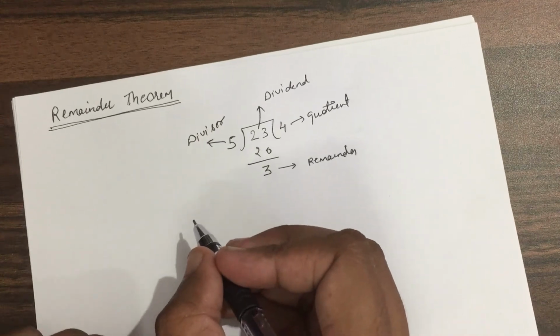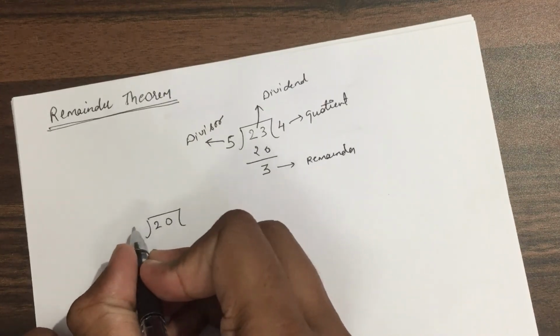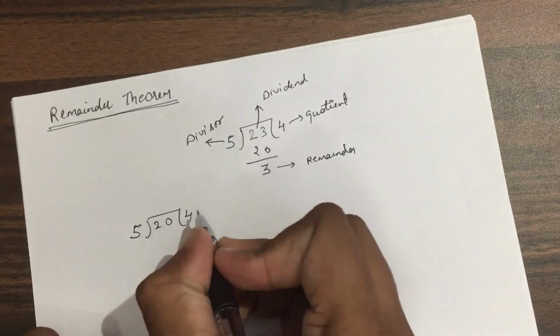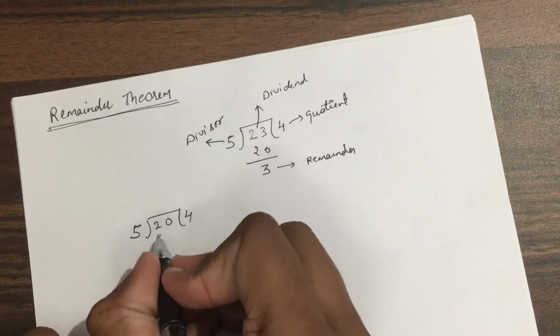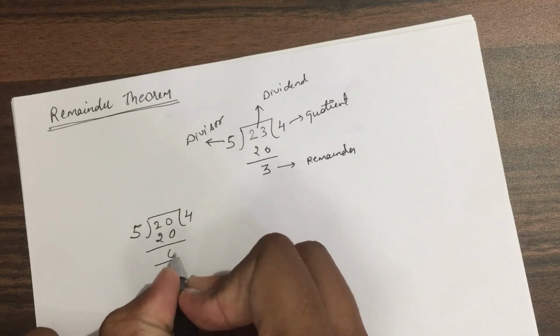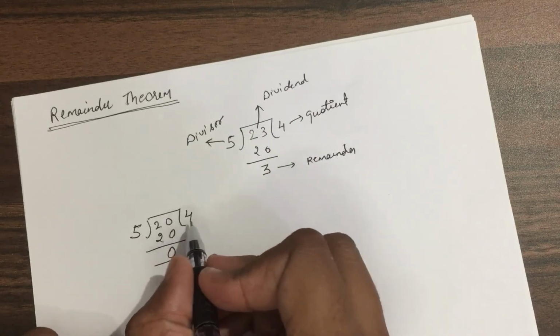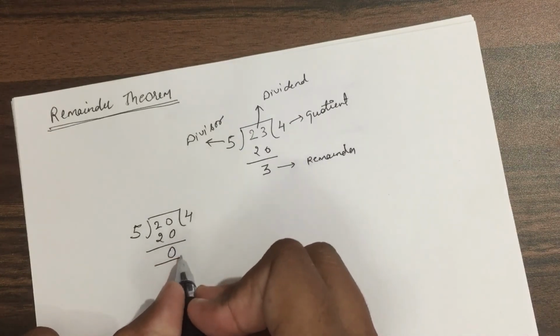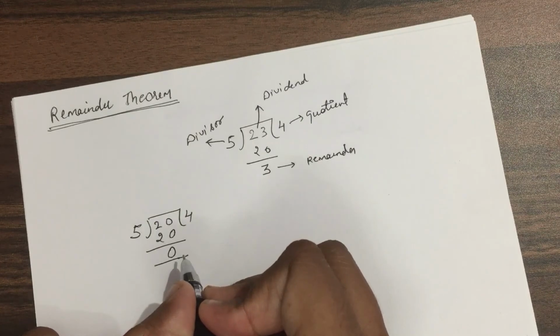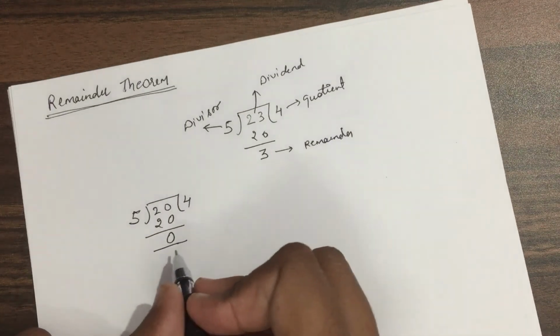Let us take another example. Divide 20 by 5. So 4 times 5 is 20, then the remainder will be 0. Here you see, when you divide 20 by 5, the remainder is 0.